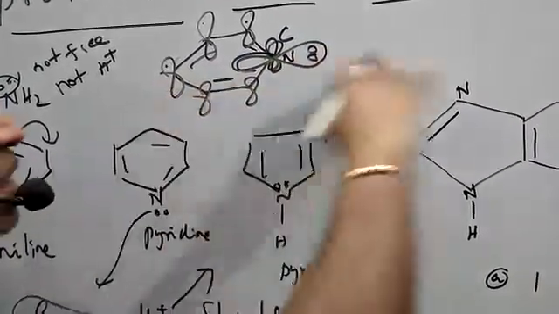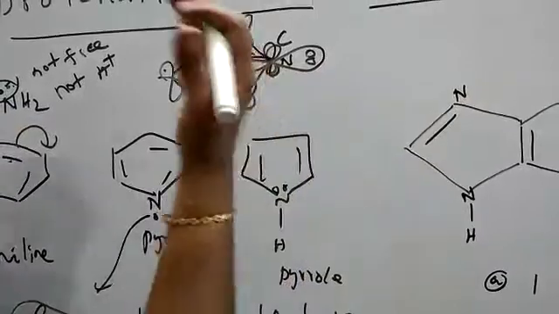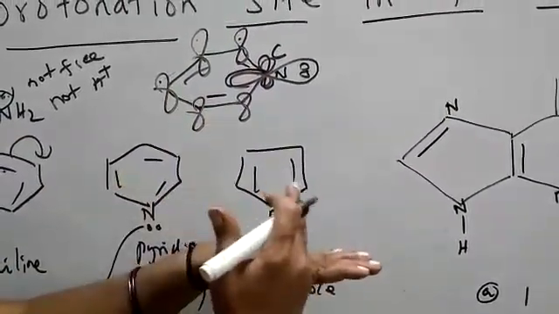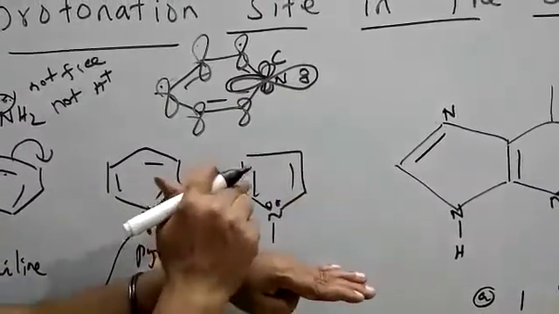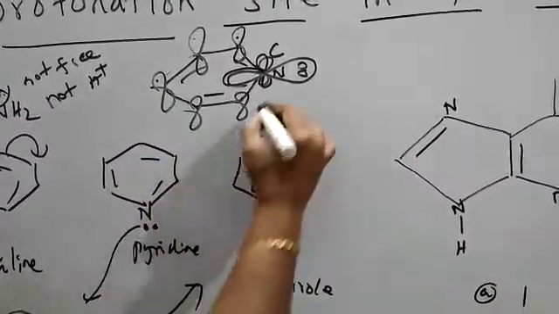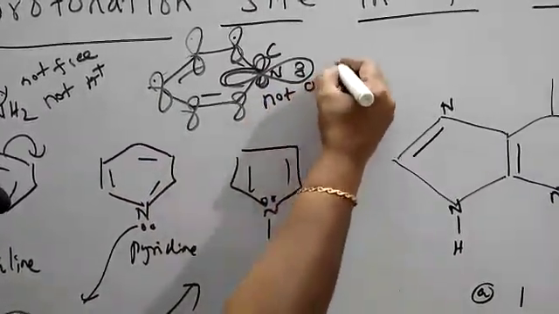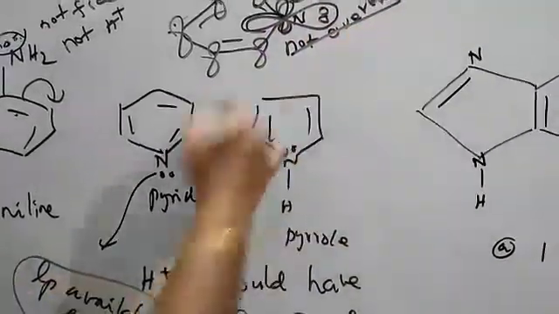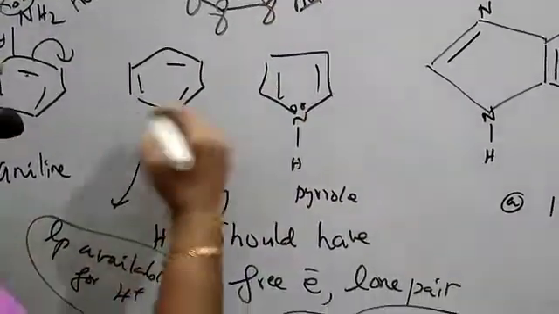The nitrogen lone pair is in this plane, while the carbon p orbitals are like that. So this electron of nitrogen cannot overlap with the carbon, so it is free. This is the reason it is available for protonation.